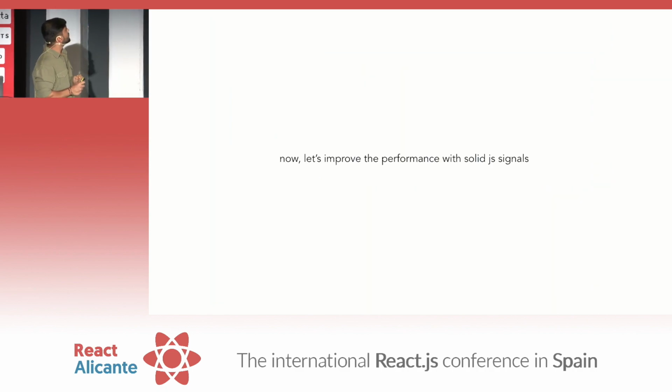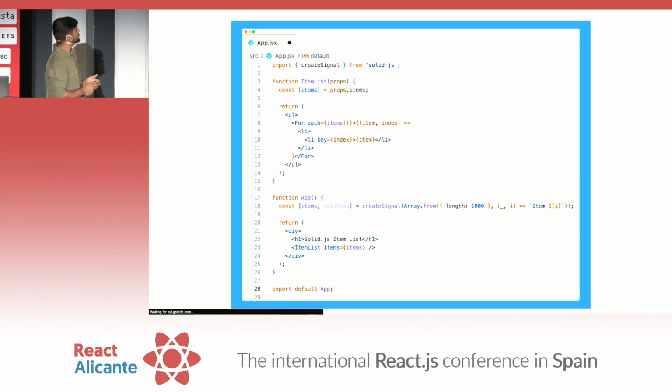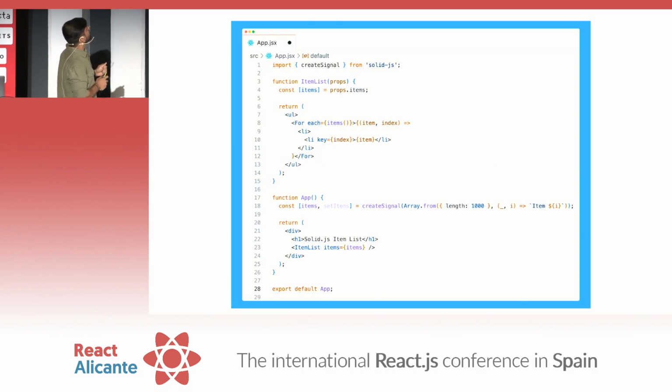And if you want to improve the performance with SolidJS, you have to migrate the code. Instead of using useState, you can use createSignal from SolidJS. Again, we're not changing much of the code here. Instead of mapping, we are using the For API of SolidJS.